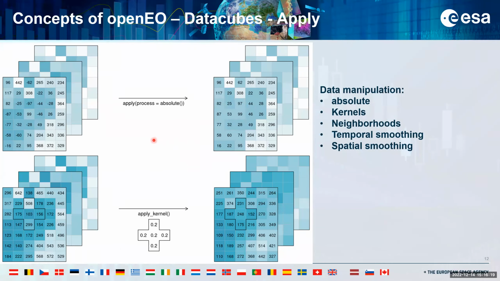Very basic concept as well is the apply process. So you can do data manipulation over kernels or neighborhoods and do spatial and temporal smoothing with this. Here you see a smoothing algorithm in a spatial dimension, and I think the top one is temporal smoothing, exactly.